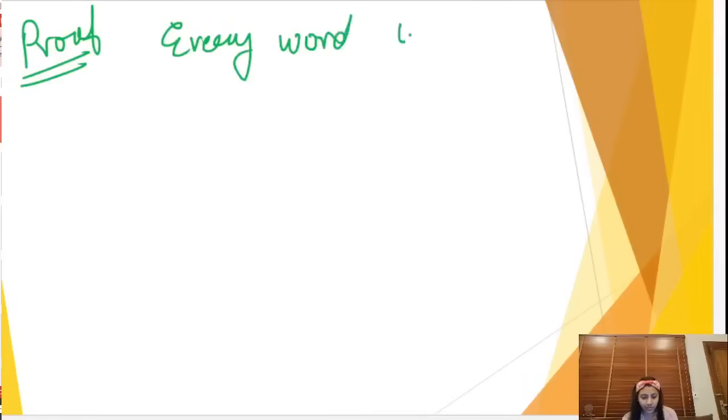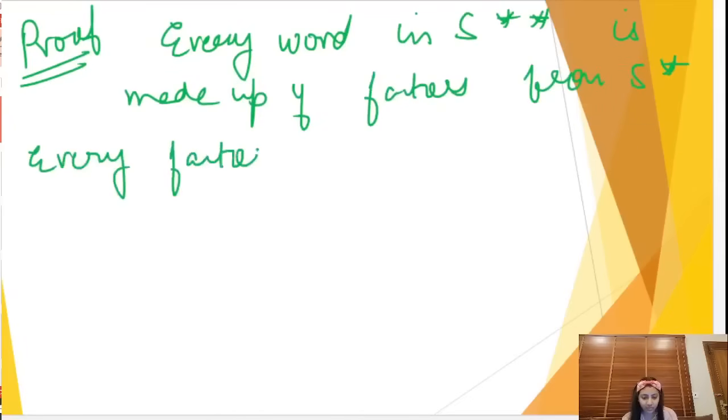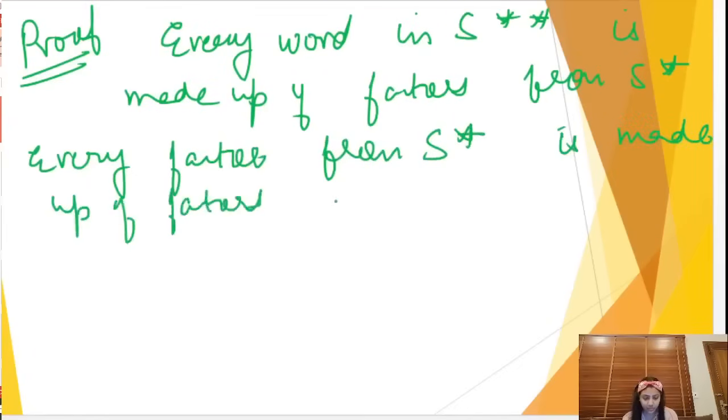So we can write the proof of this particular statement like this also, that every word in S double star is made up of factors from S star only, that we have just seen. Every factor from S star is made up of factors from S, right?